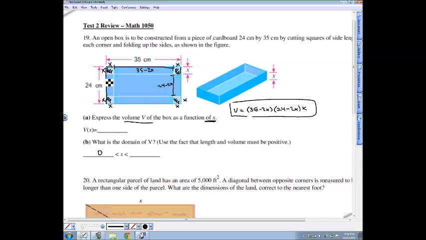That also means this length has a length of 13, and that's not going to work because we only have 24 centimeters to work with. 13 and 13 would be 26. That's way too long. So the largest value that x could be would be 12 and 12, because that would add together to give you the 24 centimeters right here on that one side. So x can be no larger than 12. So x has to be some number between 0 and 12.